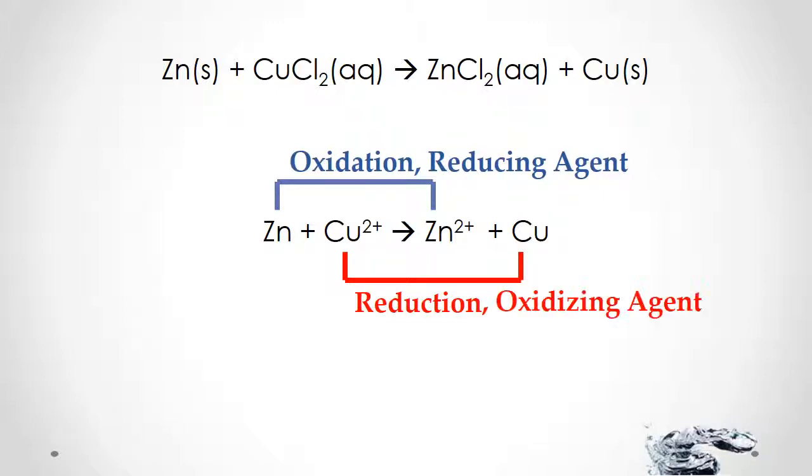So it is an oxidizing agent because it forced the zinc to give up its electrons. In class, we will practice a few more of these by just identifying oxidation and reduction reactions and looking at the oxidation numbers of compounds to determine if an oxidation or reduction has actually occurred.